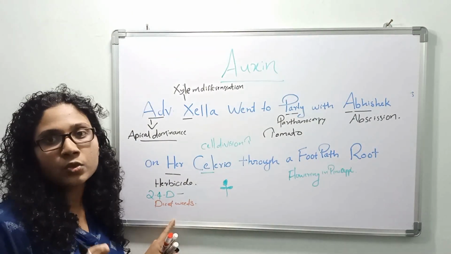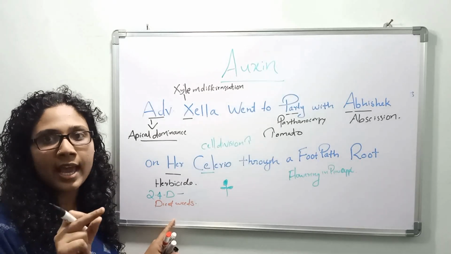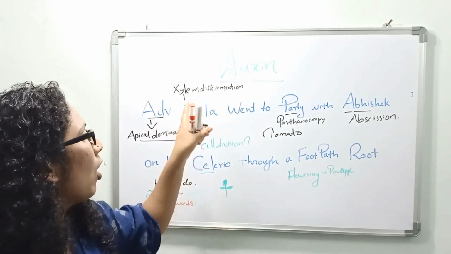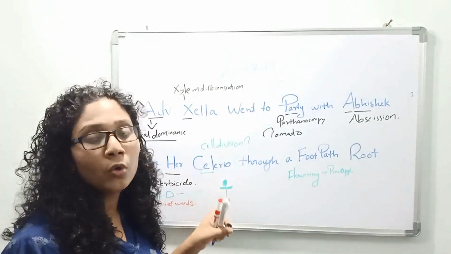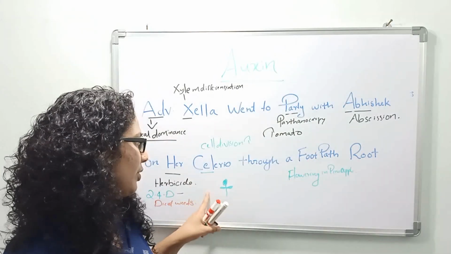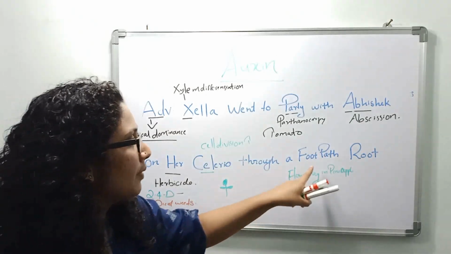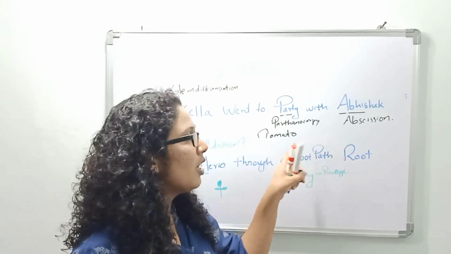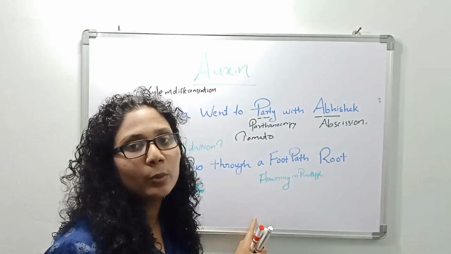2,4-D is 2,4-dichlorophenoxyacetic acid. The next one is cell division. Auxin promotes cell division or auxin increases cell division. Then the footpath, the capital letters F and P from this word indicate flowering in pineapple.